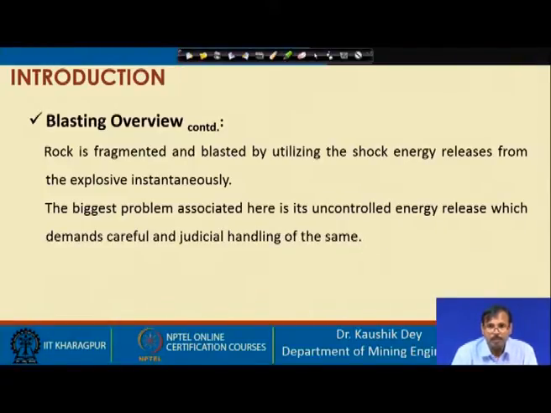Often the pressure generated by this release of energy exceeds 2,50,000 bar, more than 250 kilobar. If something comes in front of that explosion, it will devastate it. And this biggest problem of uncontrolled energy release demands very careful and judicious handling of the explosive.